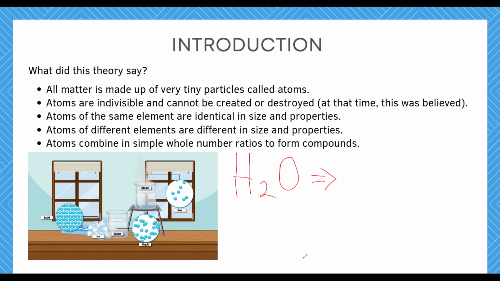And what is that ratio? We have two atoms of hydrogen combining with one atom of oxygen. So this is 2:1. This law says that this is correct because it is combining in a simple whole number ratio, a ratio of 2:1. Did you understand this?